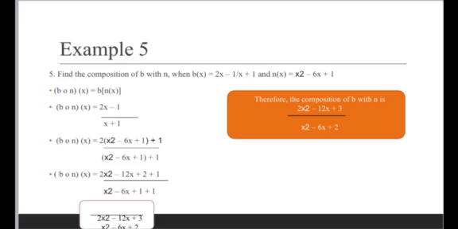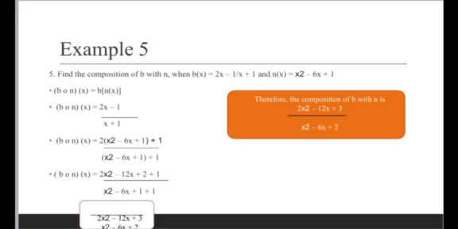Substitute all the x's with the n function. We will do a distribution. Multiply 2 by x squared, it becomes 2x squared. 2 multiplied by 6 becomes 12. And lastly, 2 multiplied by 1 is 2. Then copy plus 1. Remove the parentheses on both the numerator and denominator.